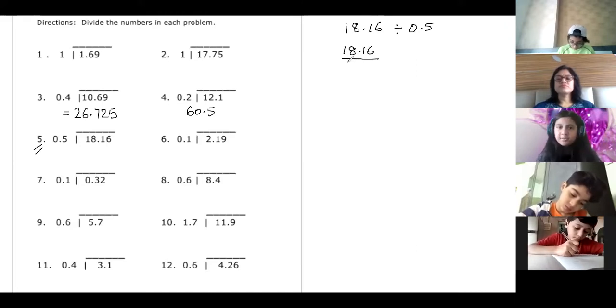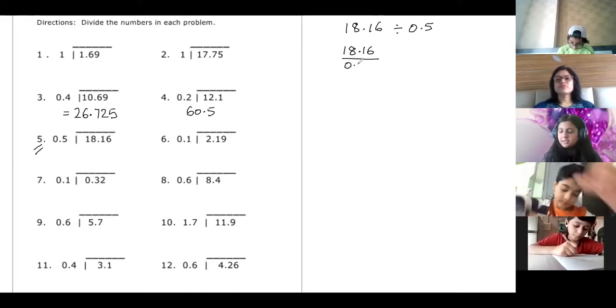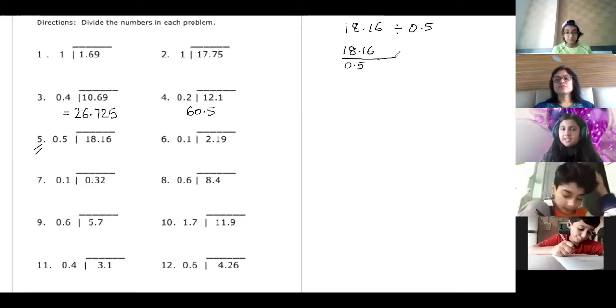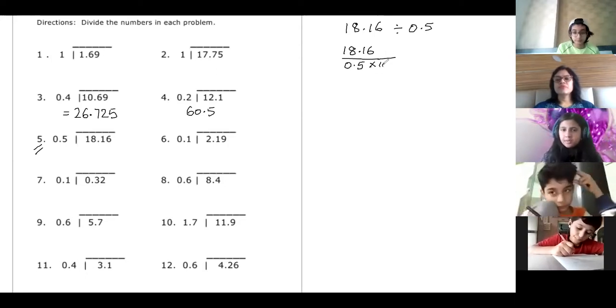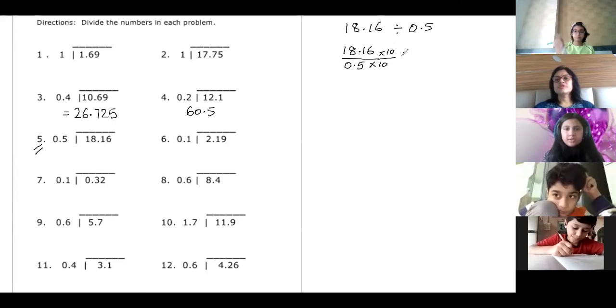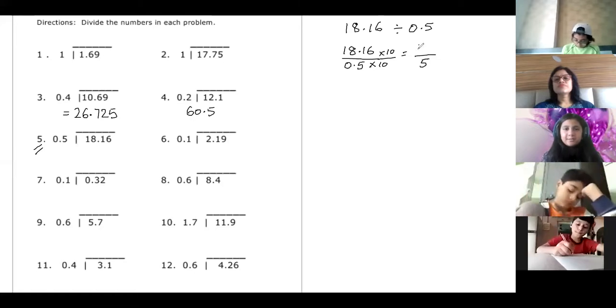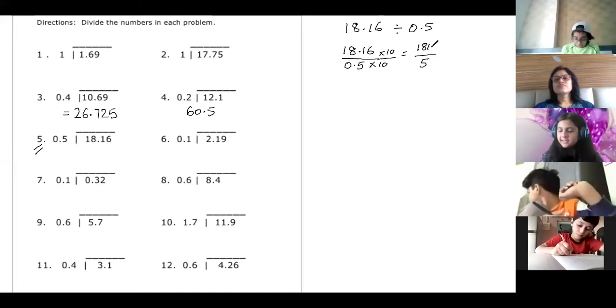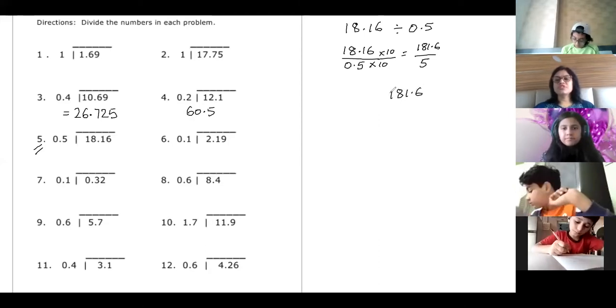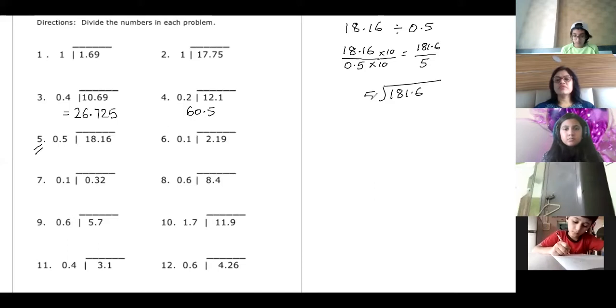18.16 goes in the numerator, and 0.5 goes in the denominator, and then we multiply it by 10. So, answer? 5 and 181.6. Okay. Now dividing 181.6 divided by 5. Okay, tell me. Quotient? I've got that.